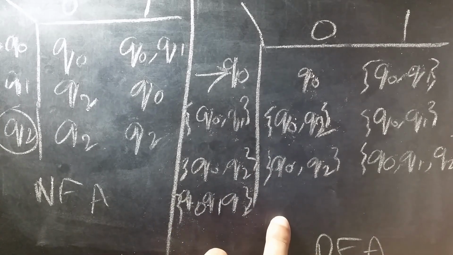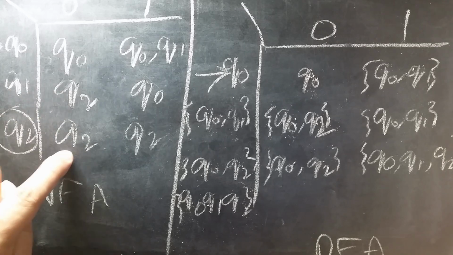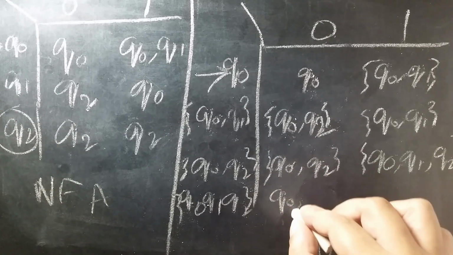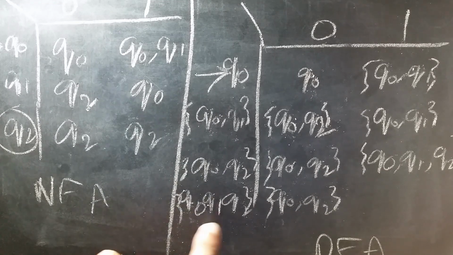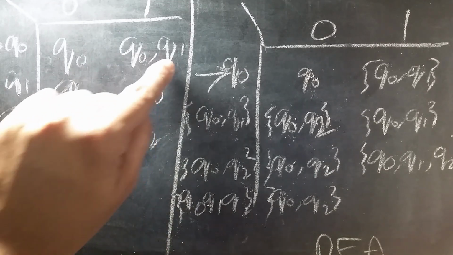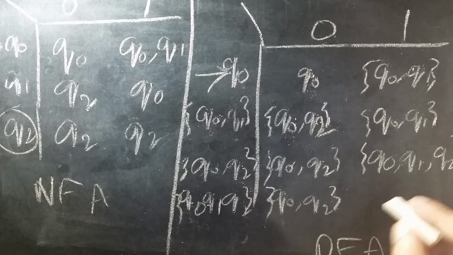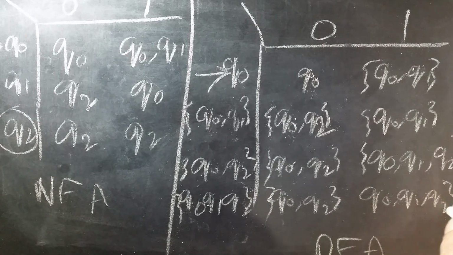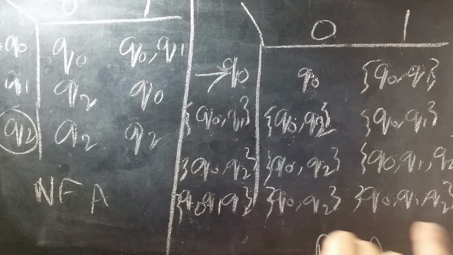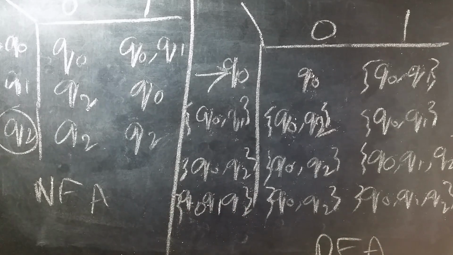Q0, Q1, Q2 on 0 goes to Q0, Q2, Q2, so Q0, Q2. On 1, Q0, Q1, Q2 goes to Q0, Q1, Q0, Q2, so Q0, Q1 and Q2. Now Q0, Q2 has its row, and Q0, Q1, Q2 also has its row. So we've reached all the states. There is no new state, and when there's no new state, at that time we'll stop.